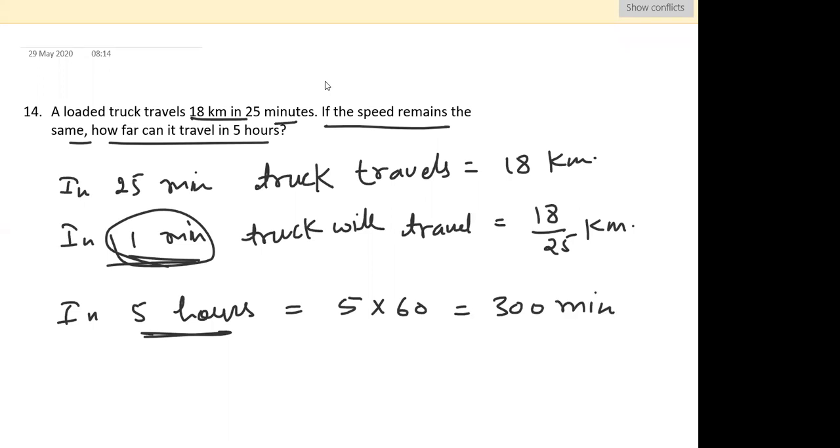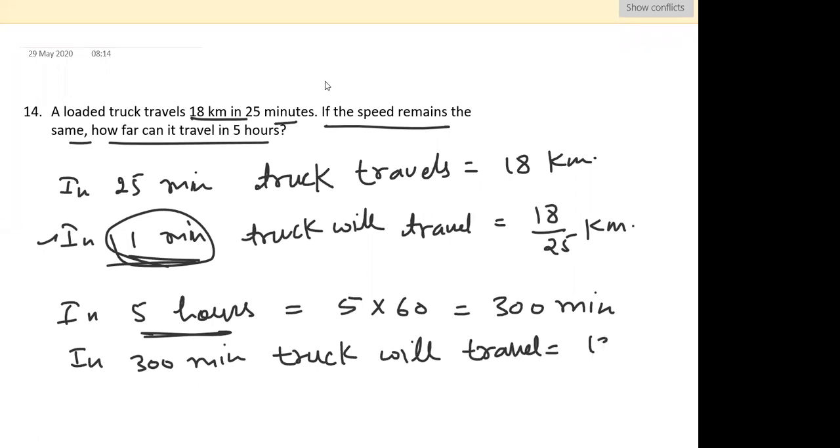Now you write, in 300 minutes, the truck will travel 18 upon 25 into 300. Now solve this and write your answer.